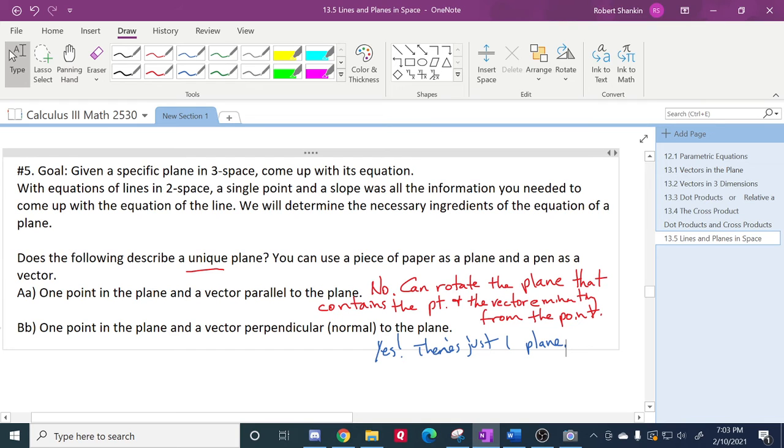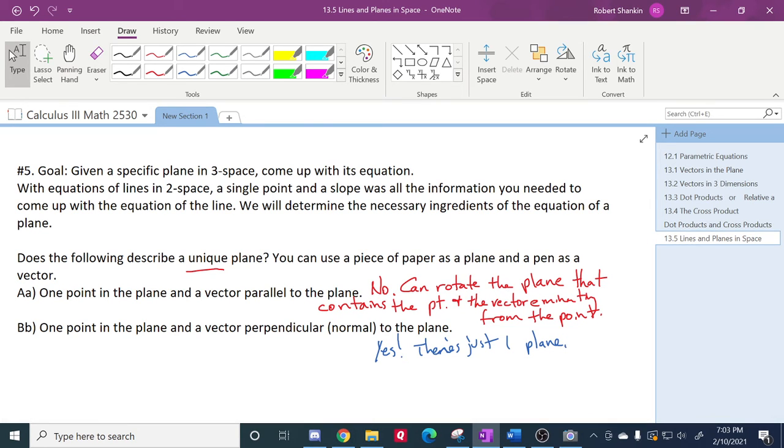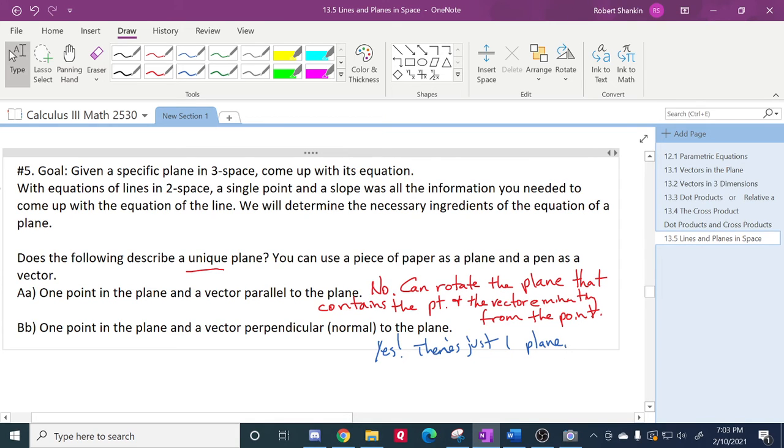In 3 space, a point and a vector perpendicular to the plane is the minimal amount of information that describes a unique plane. With that information, we could come up with the equation of a plane, just like we can come up with the equation of a line if we have a point and a slope.